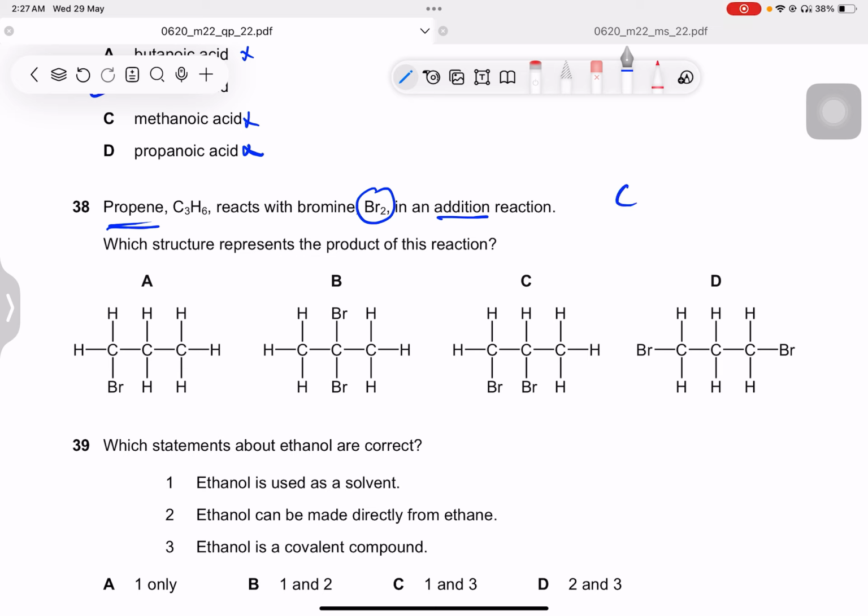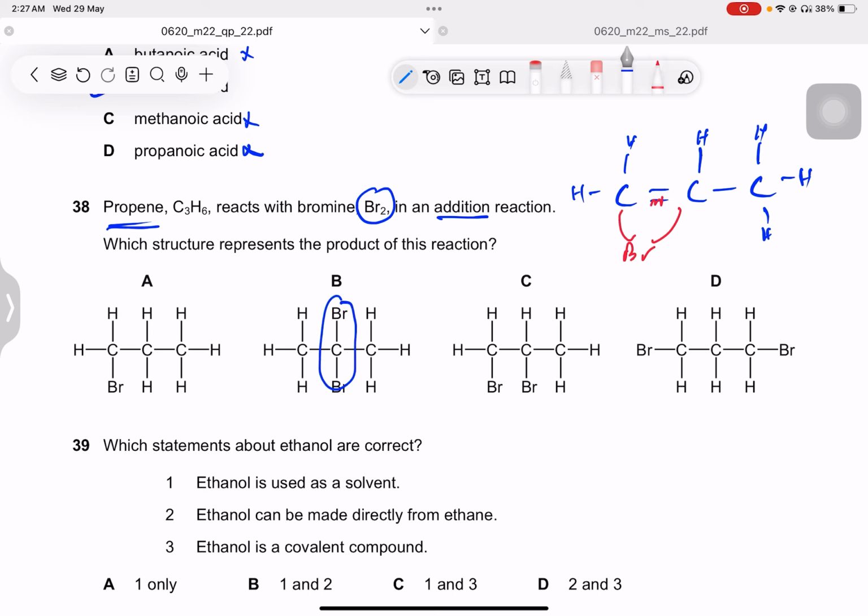For example, if this is propene, bromine will come over here and over here as this double bond breaks. So the bromine should be attached to two different carbons adjacent to each other. So this seems to be the correct one.